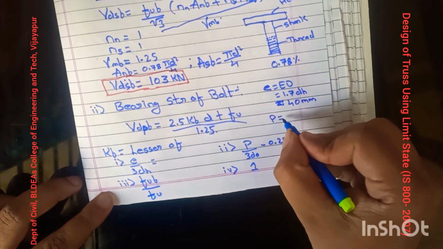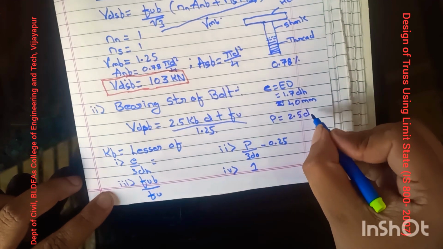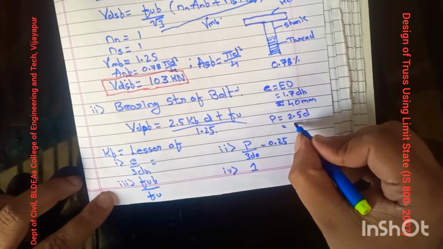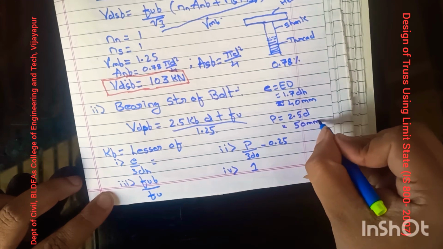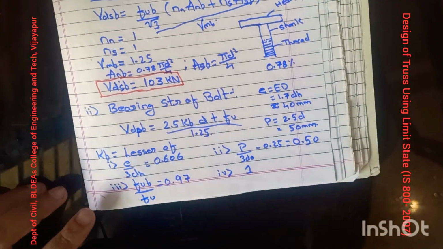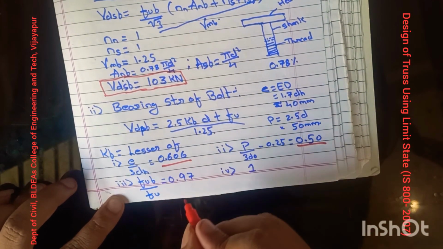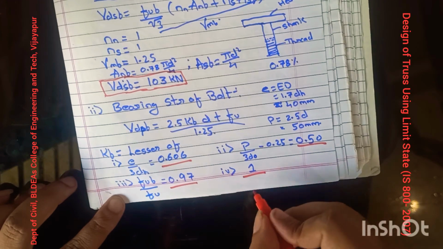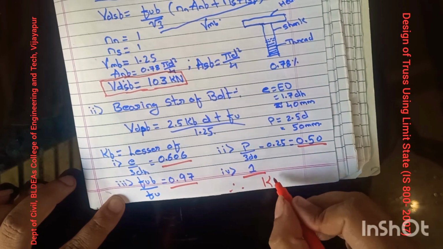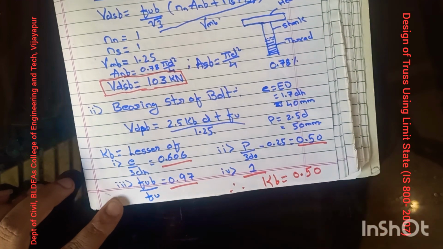And p is the pitch distance, minimum pitch distance, 2.5 times the diameter of bolt, that is 50 mm. So substituting these values, we have 0.0606, 0.50, 0.97 and 1. Therefore the lesser one we need to select, that is Kb equal to 0.50.